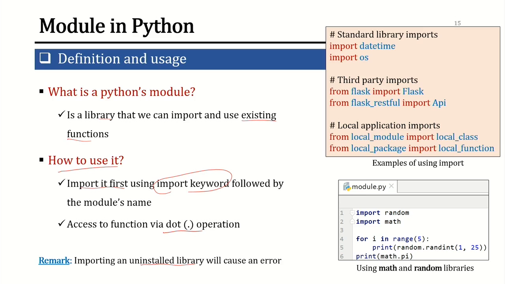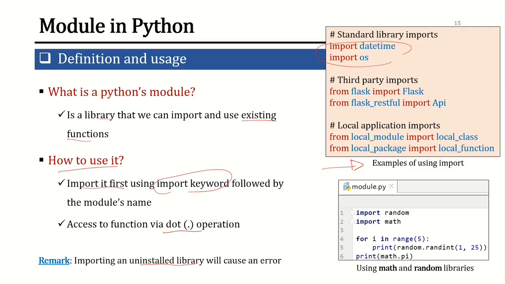Now we'll take a look at examples of using the import keyword. For example, we have import datetime and import os. These two libraries, datetime and os, are called standard library imports because they are already built in. I mean, when you install Python, these two libraries come with it.